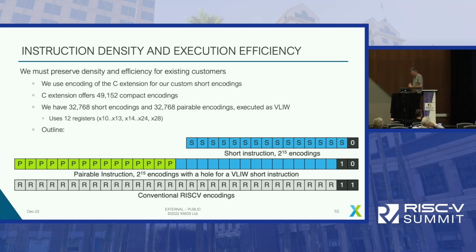So we can address them quickly with the pairable instruction, but they're slightly longer encodings. So this brings us close to the density we had, close enough for us to believe that we can take all our existing customer code with us into this 4th generation architecture. And then of course the final is there's the normal conventional RISC-V encodings.